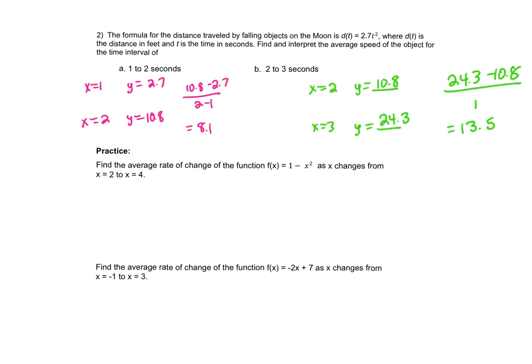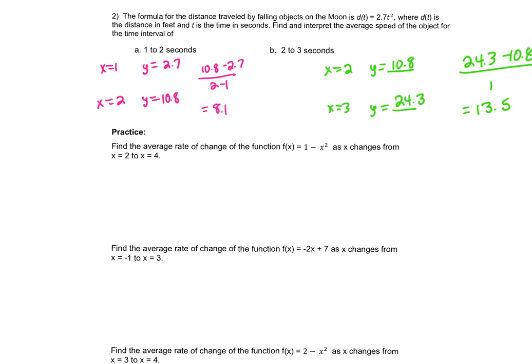I would like for you to try these two yourselves. Talk with your neighbors. Try those real quick. We'll go over answers in just a second. All right, what we get here, you should have -6 for the AROC there and -2 for that one.